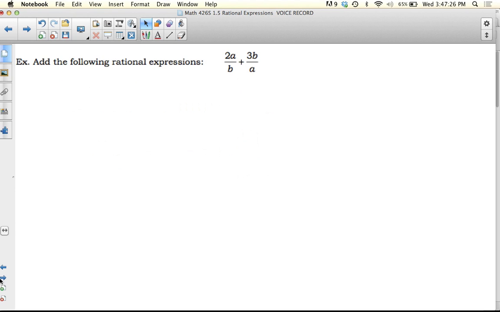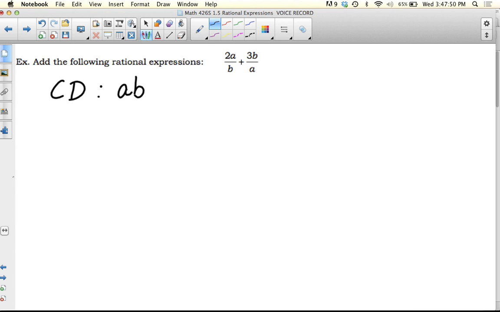So 2a over b plus 3b over a. This is very similar to what we just saw with the denominators of 3 and 4. What did I do to get a common denominator? I multiplied them. So that's exactly what we can do here. Okay, so a common denominator, which I'm just going to say CD is common denominator, in this case would be just a times b.